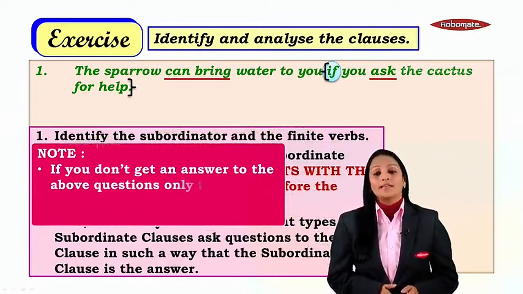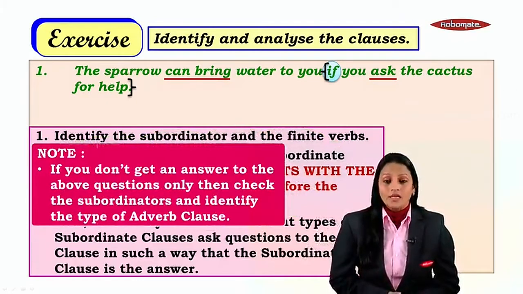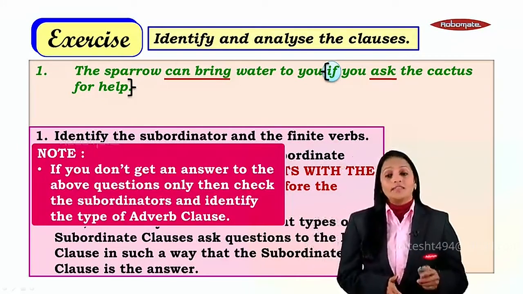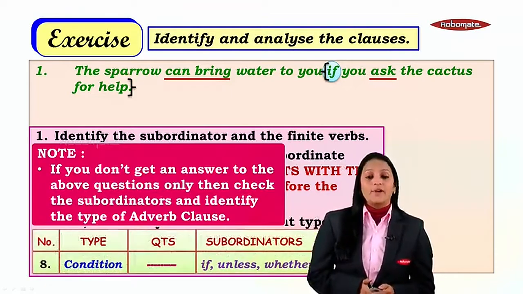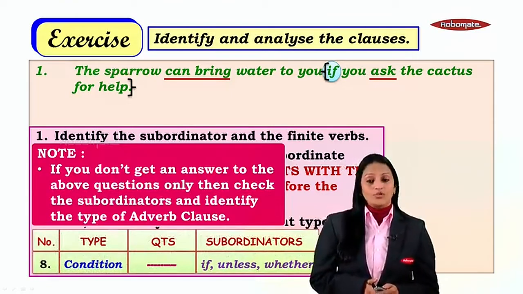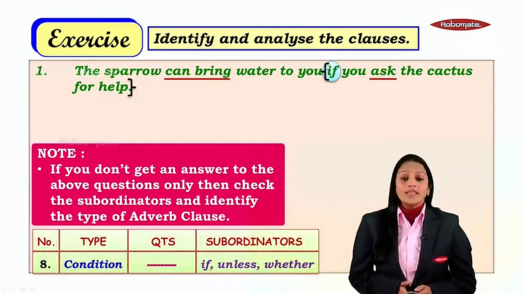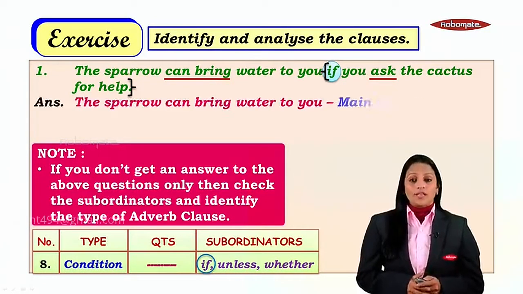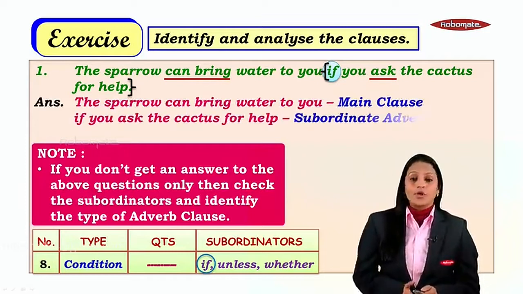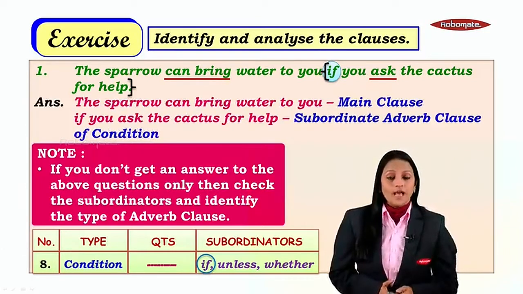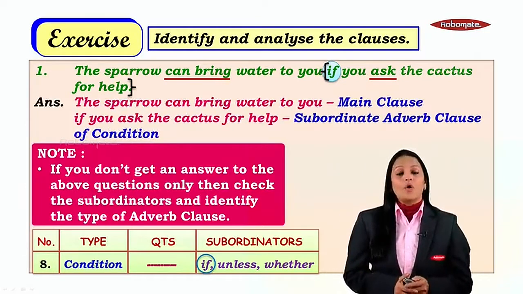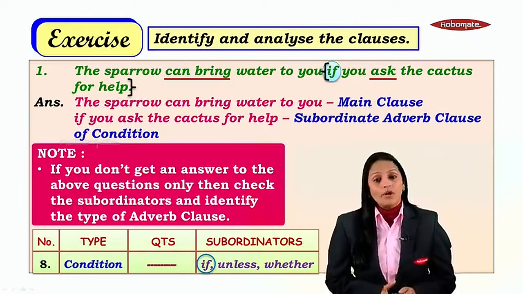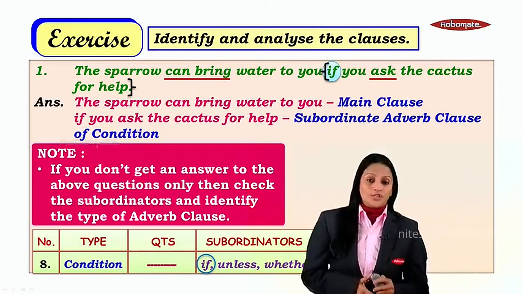If you don't get an answer to the above questions, that is what, which, when, where, how, then check the subordinator and identify the type of adverb clause. So here the subordinator is "if," and because the subordinator is "if," the answer is adverb clause of condition. So how do you write the answer? The sparrow can bring water to you, main clause. If you ask the cactus for help, subordinate adverb clause of condition.